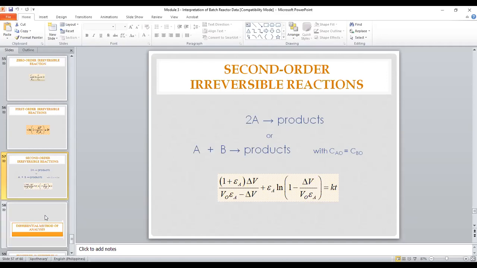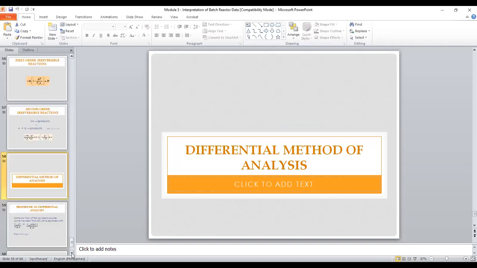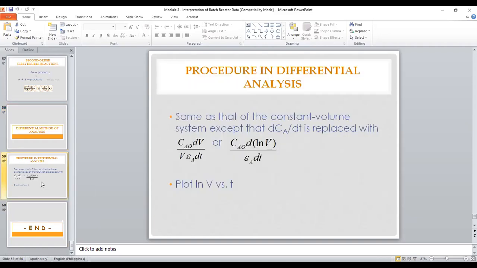Now, then that leaves us with the last part, which is the differential method of analysis. And I am explaining it here just like the way it's explained in our main reference book. So the differential method of analysis for varying volume data will be very simple, similar to that of, shall I say, the integral method of analysis for constant volume data.